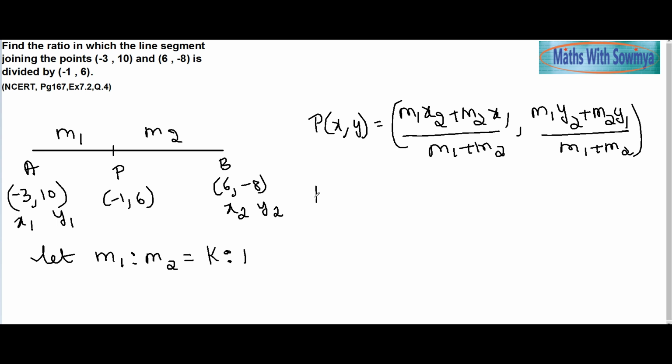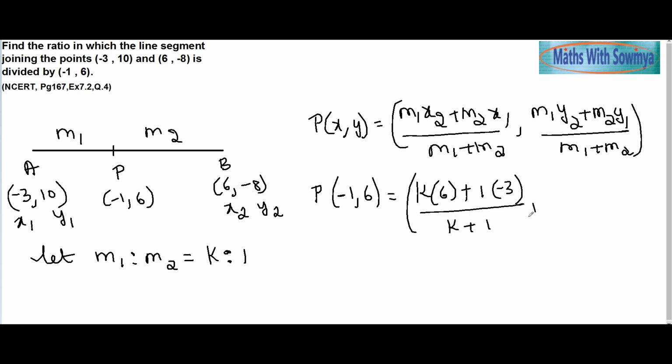The value of P, we know it is given, minus 1, 6. Write it. M1 is K, so in place of M1, put K. X2 is 6, plus M2 is 1 and X1 is minus 3, and here we write K plus 1.